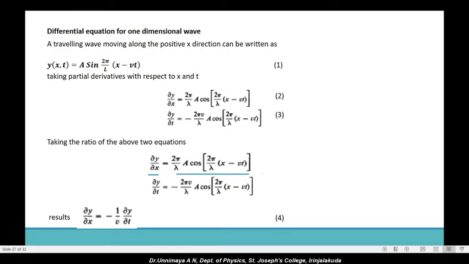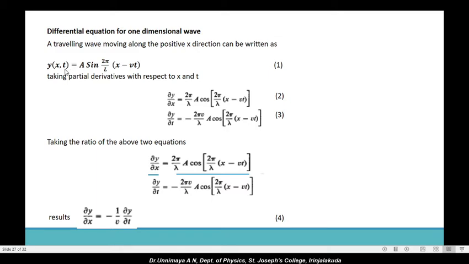A normal derivative is dy by dx, where y is only a function of x, and there will be no t. If y is a function of x only, we can write dy by dx, that is the normal first derivative. But here y is a function of x comma t, two variables.